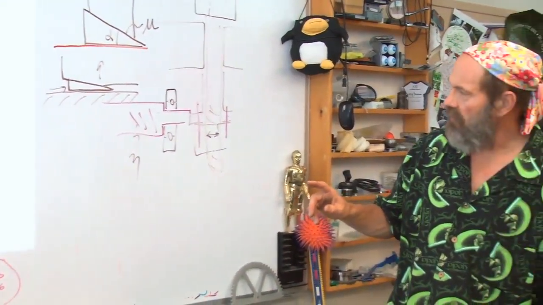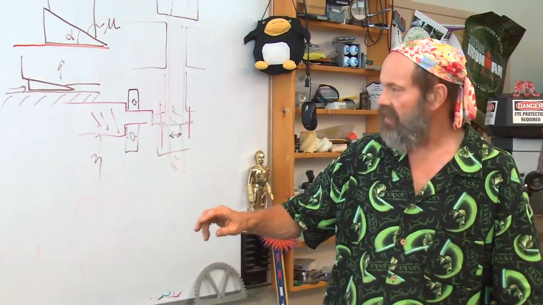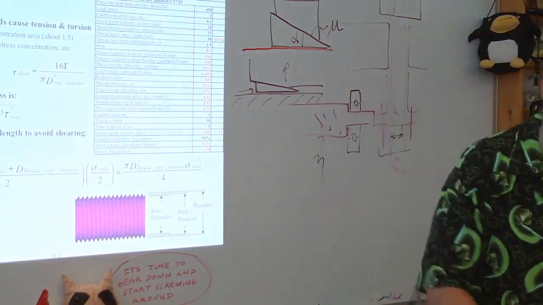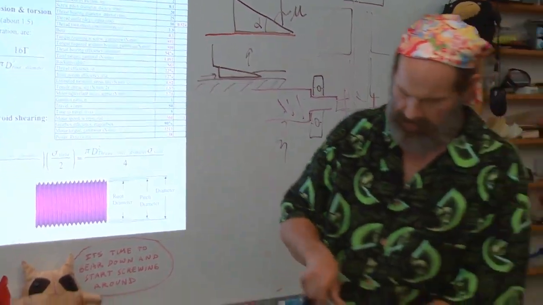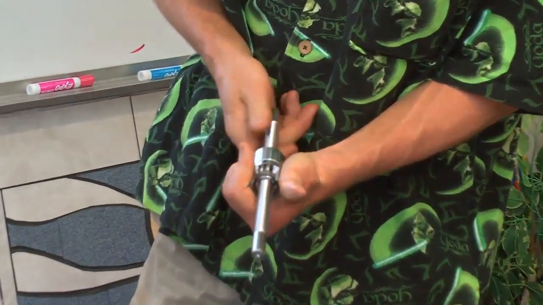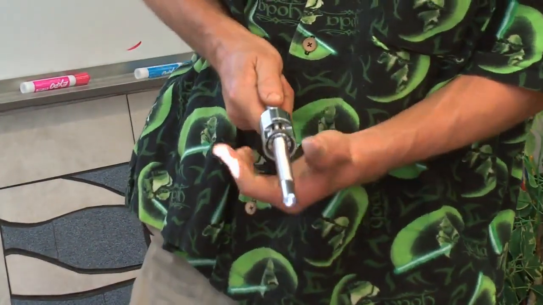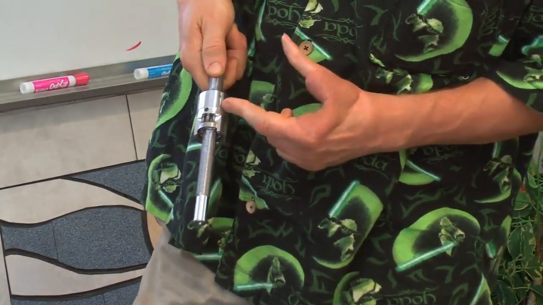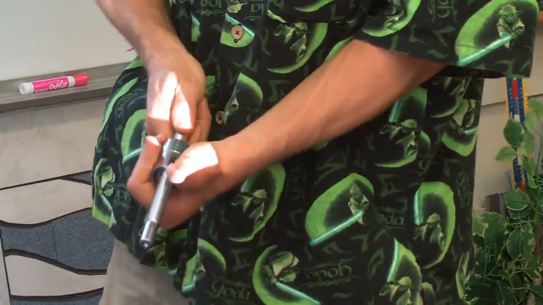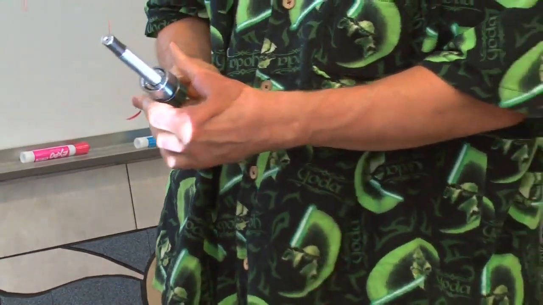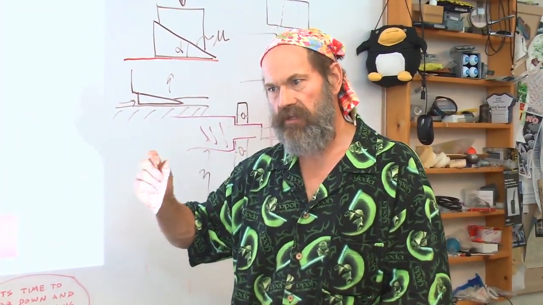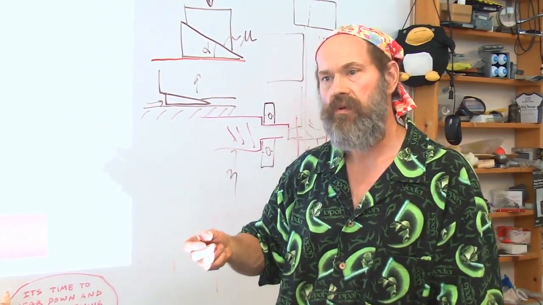You also have to be worried about how much thread you actually engage, because remember, when you're tightening that screw and the nut doesn't want to move, here I'll try not to strip the threads on this screw, all the threads that are engaged across this nut want to pull off because I'm putting so much tensile force on it. If you're putting a bolt threaded into a hole, how much thread needs to be in the hole?